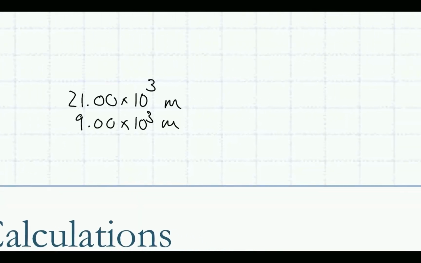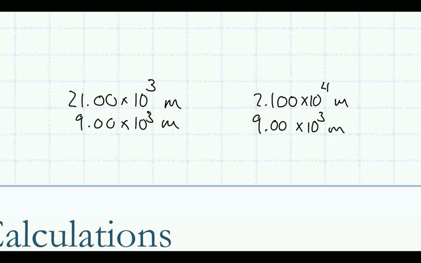The normal way that we would write these in scientific notation would make this one 2.100 times 10 to the 4, 9.00 times 10 to the 3. So if you're looking at it carefully, familiar enough with scientific notation, you look at this one, 2.1, you look at this one, 9, this is to the third, this is to the fourth. So actually this number is bigger, even though the decimal portion, or the mantissa, if we weren't looking at the scientific notation, looks like it's smaller.